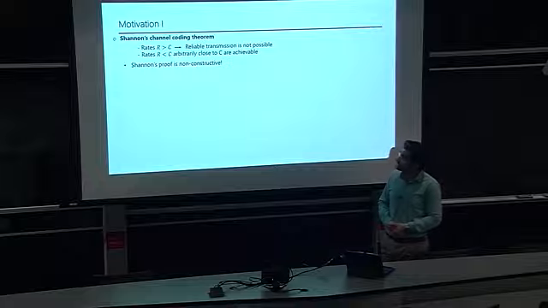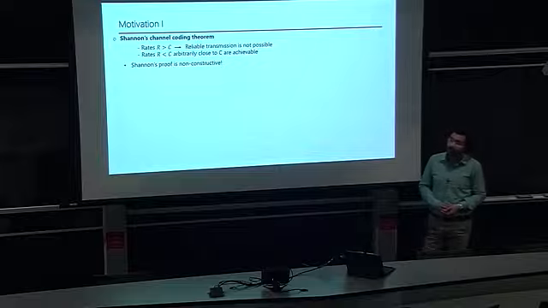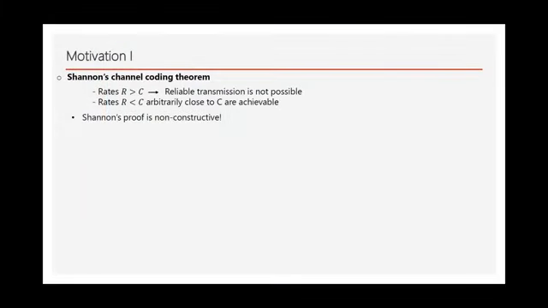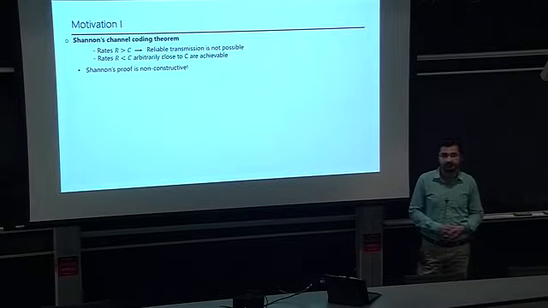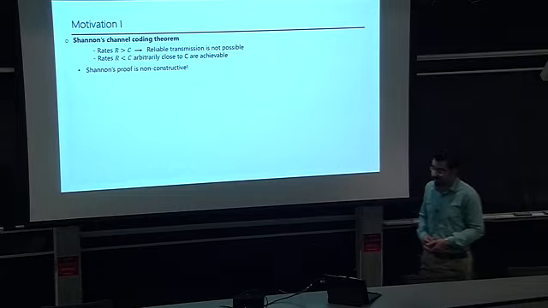He also showed that there exist codes with rates arbitrarily close to channel capacity which have vanishing error as the block length increases. But the problem is that his proof is based on probabilistic arguments and it's not constructive.